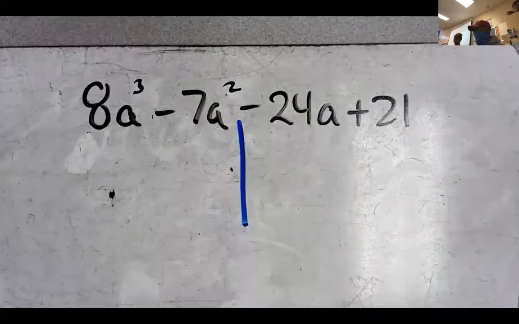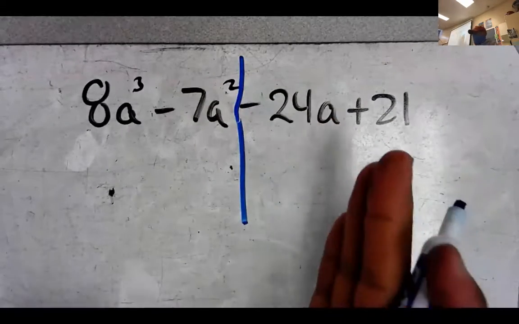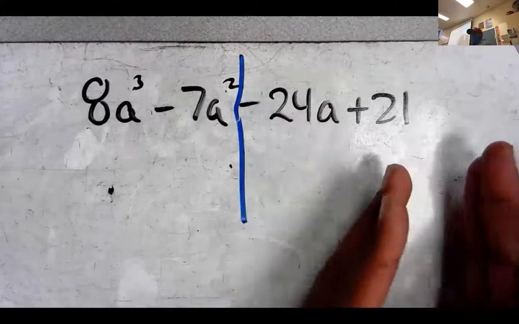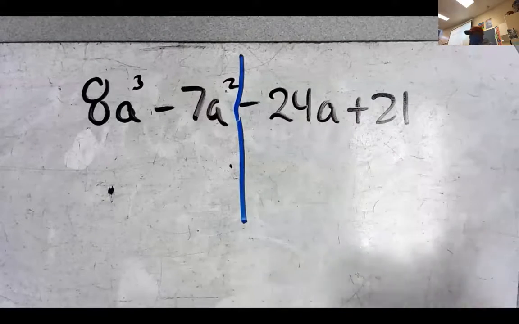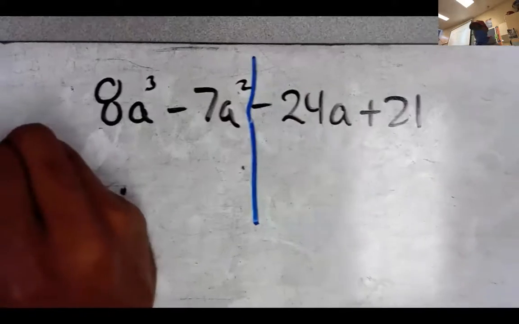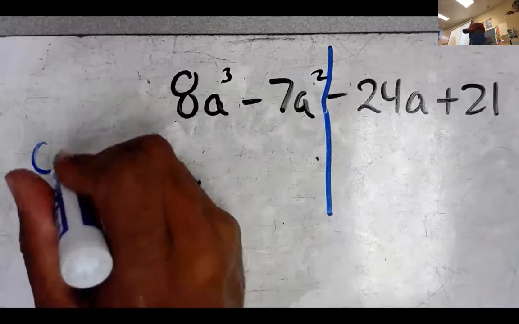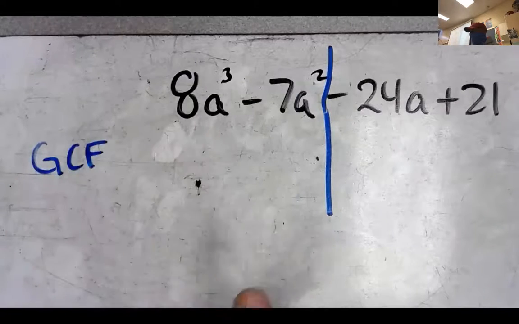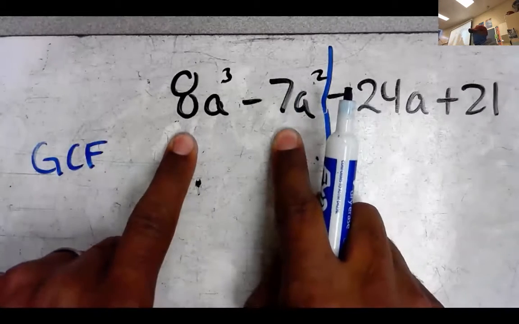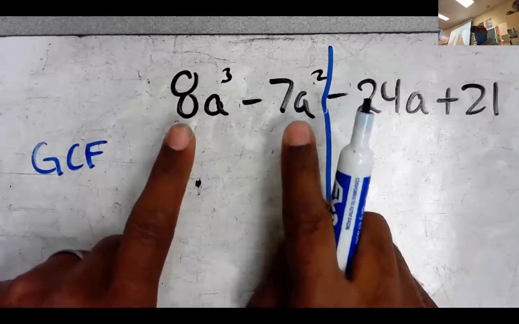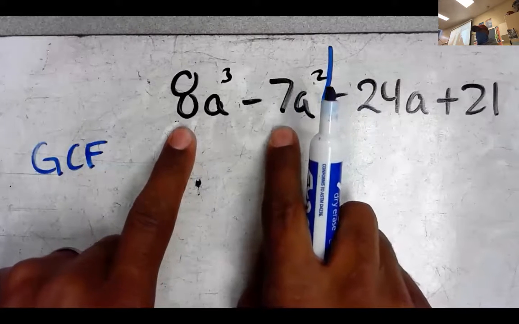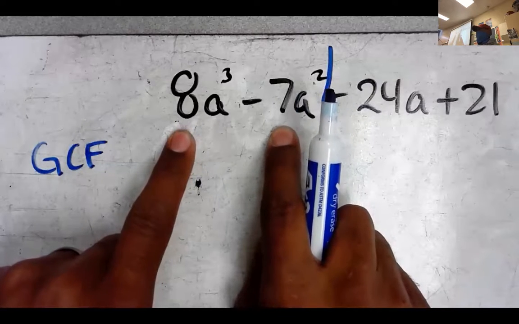So I'm going to go straight to the first step, which is split it. So I split this in half. I have the left side and the right side split in two. The first thing I want to do is find the GCF, the greatest common factor between these two terms. So what's a common factor between 8 and 7?